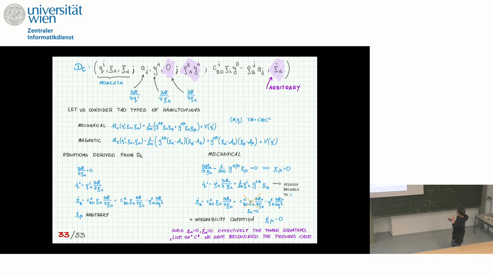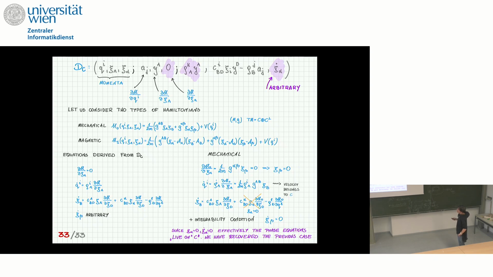But now, if you just expand it, you will see that it is not quadratic in those momenta, but there is also a linear part in the momenta. So it is not mechanical as it was previously. And I use this Dirac structure. I derive the equations in general form.